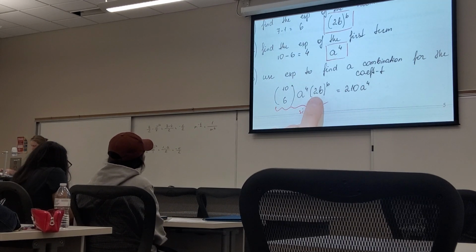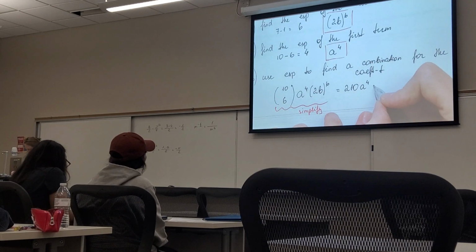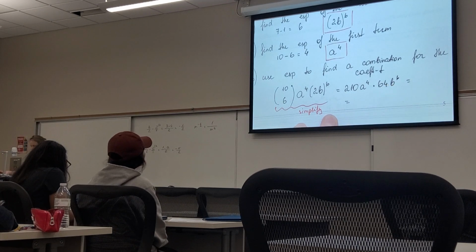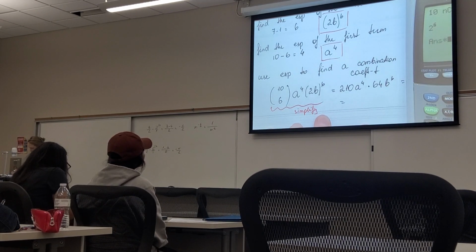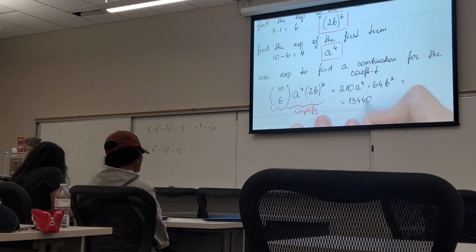Now properties of the exponents. 2 to the 6th, it's a big number, gives me 64, b to the 6th. Simplify. 64 times 210 gives me 13,440 a to the fourth, b to the sixth.